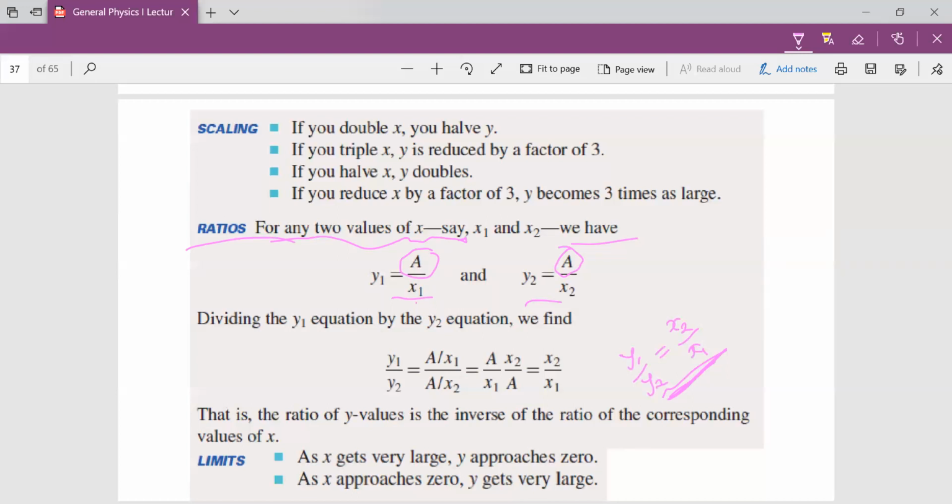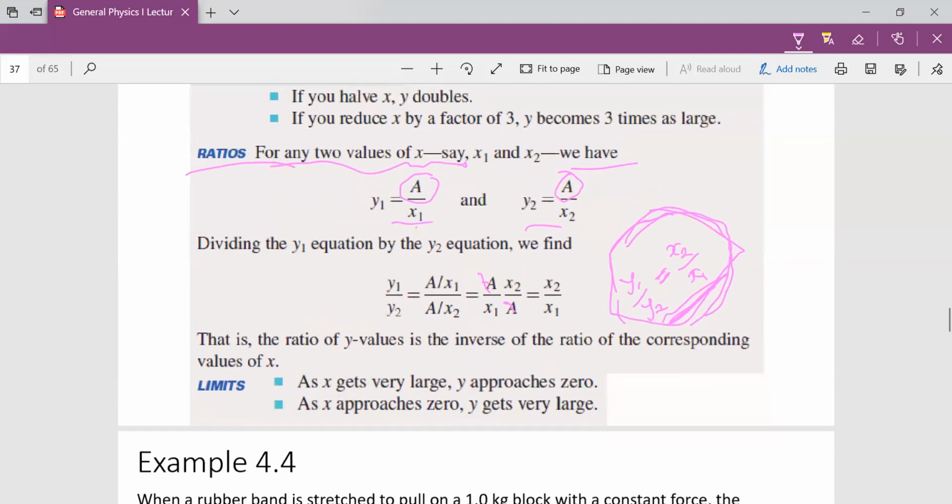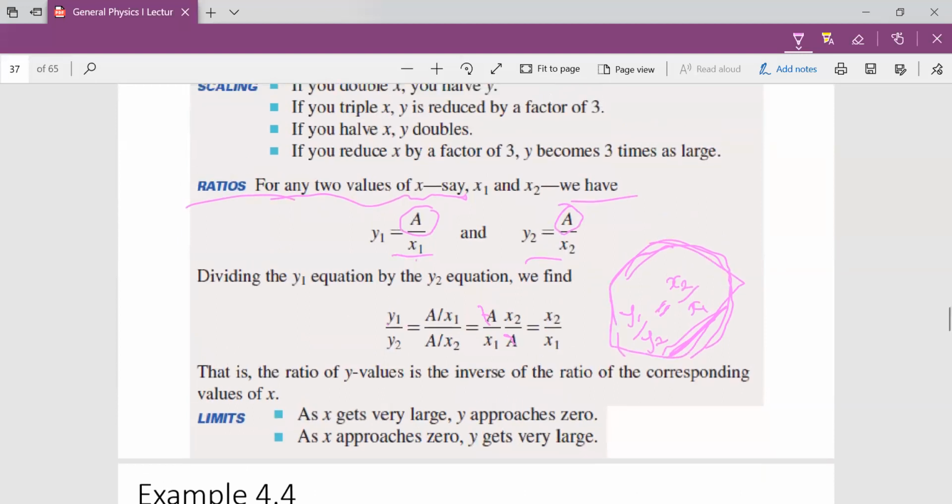So dividing this by this took care of A, and then we'll have the final to be Y1 over Y2 is the inverse of the other, which is X2 over X1. So this is the implication of that equation of inverse proportionality, which we will see in the next example.